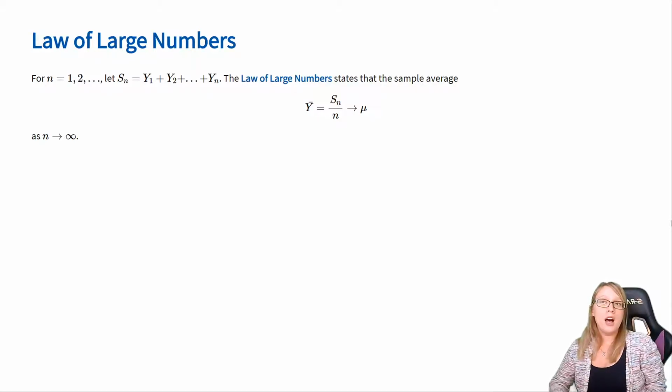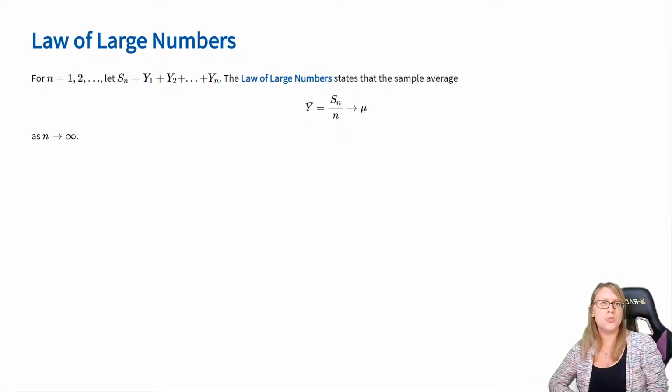So what this law of large numbers really tells us is that the sample average, say y bar, or if you will, Sn over n, approaches the population mean mu as n approaches infinity. Well, we kind of knew that already.